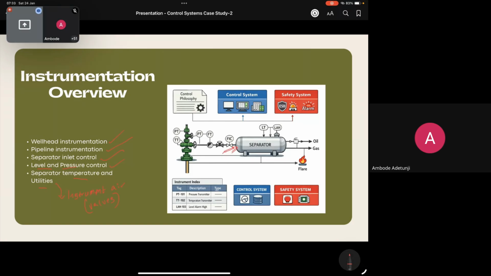So if you look at the image now, for this system, we need to look at the instruments, the separator instruments, right, we need to consider the outputs, right?